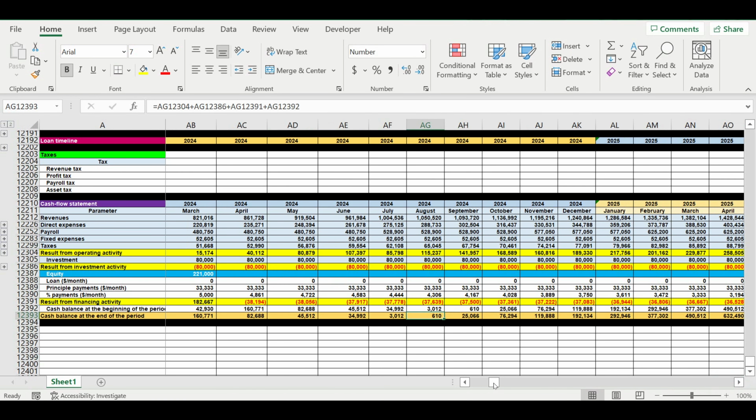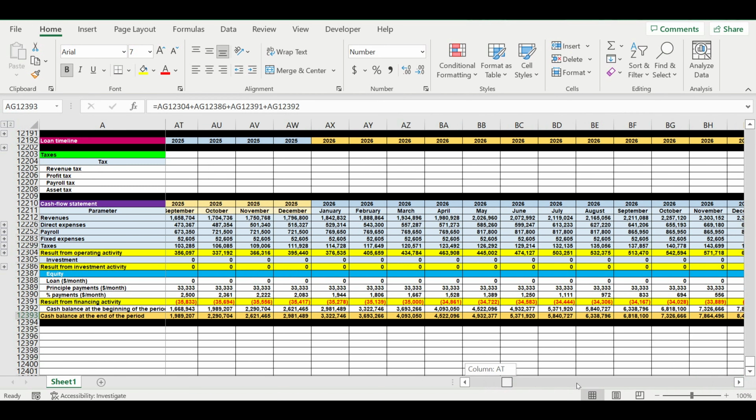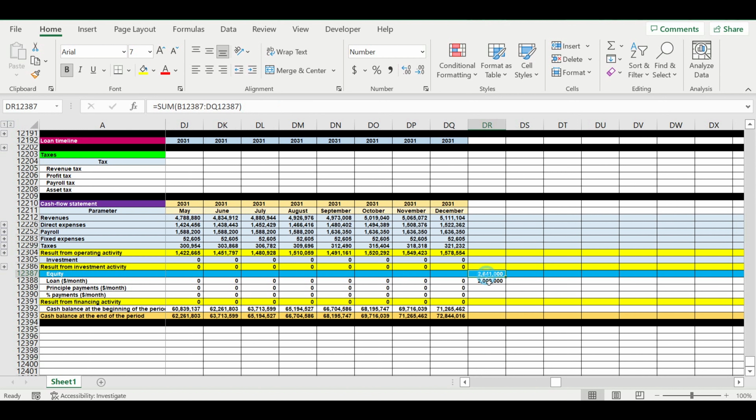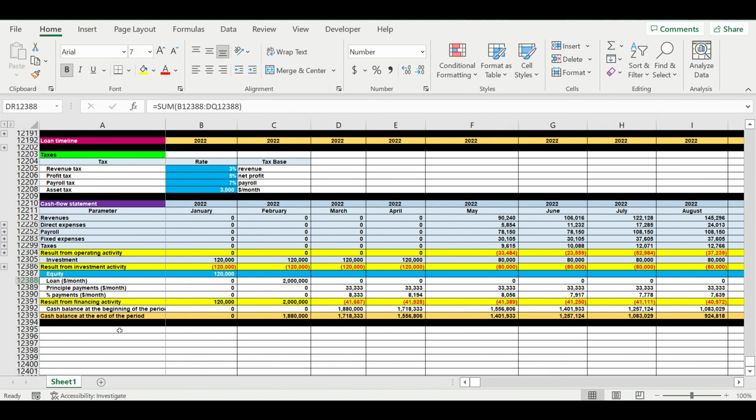So now we can go to the right, to the end of our timeline, and see how much financing we need, our own funds and loan. We can create a simple table. We will call it financing.